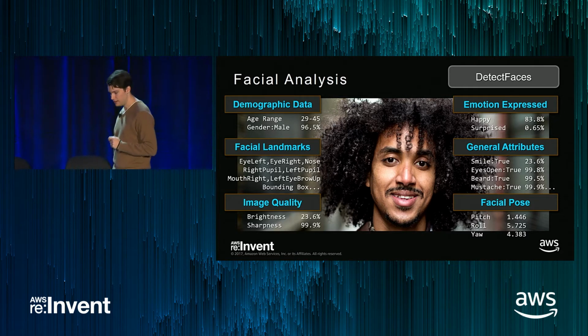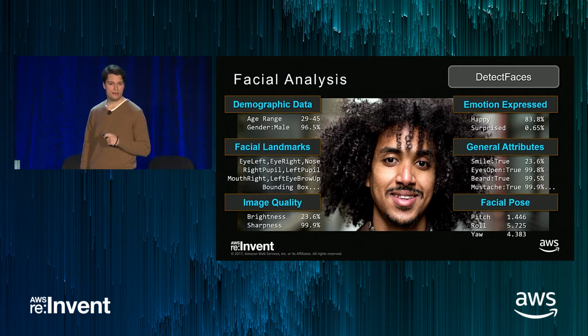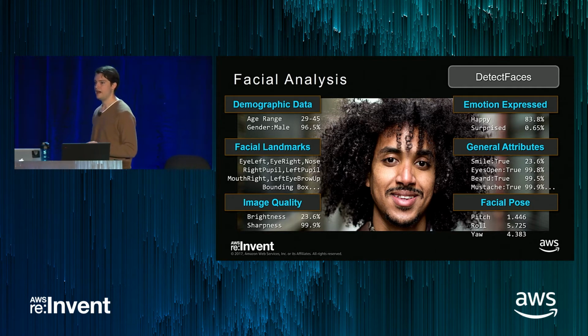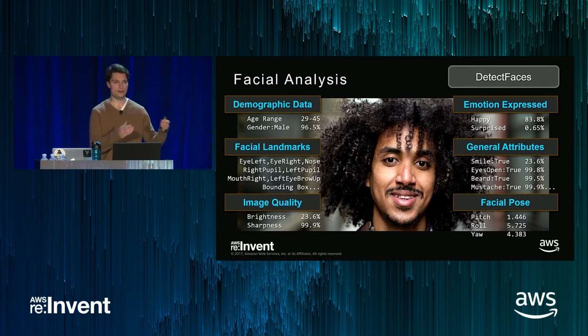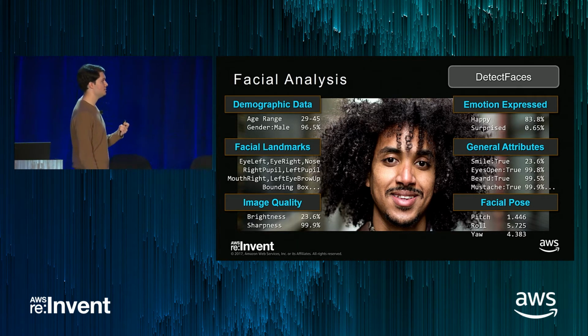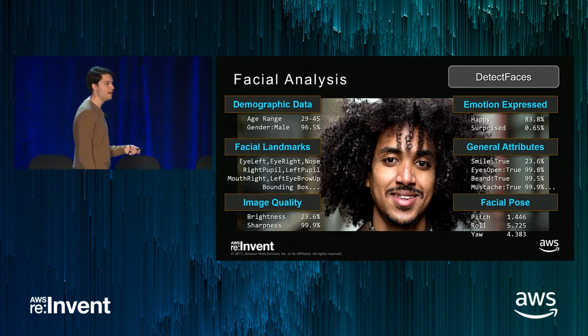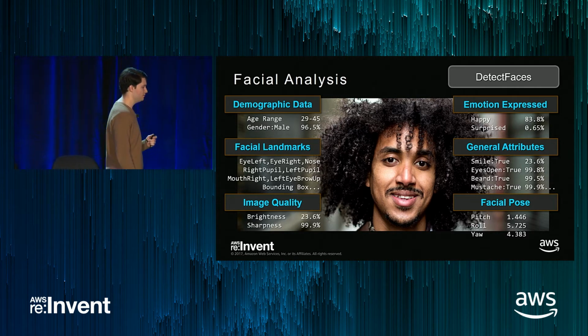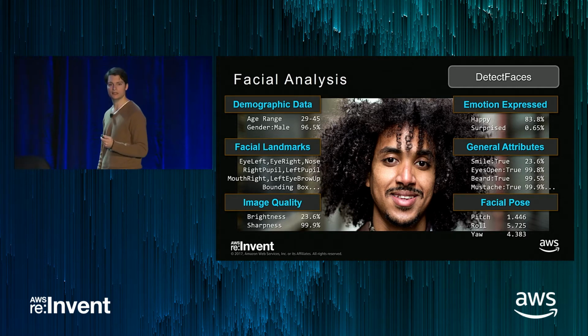But the piece of functionality with detect faces that gets me most excited, that I really like to use, is the sentiment analysis. There are all sorts of applications that you can build based on this. You get information back on the user sentiment or the individual sentiment, such as is the person happy? Are they sad? Frustrated? So you can imagine this in the context of a retail application where you have customer associates interacting with customers behind a register all day long.